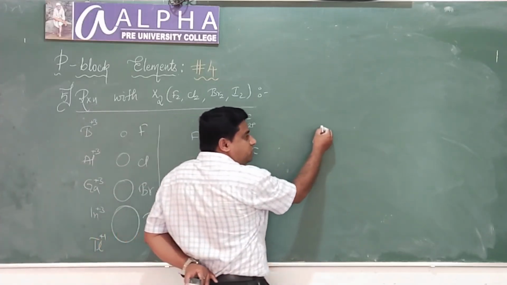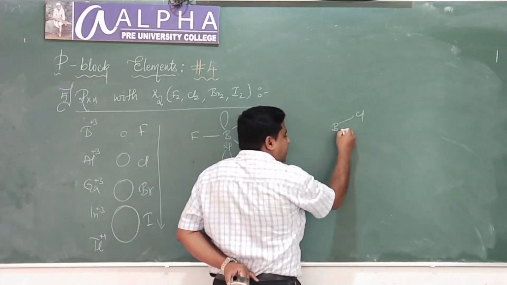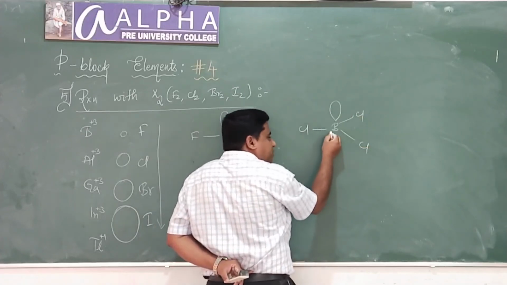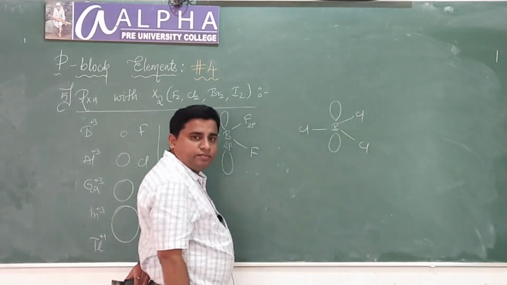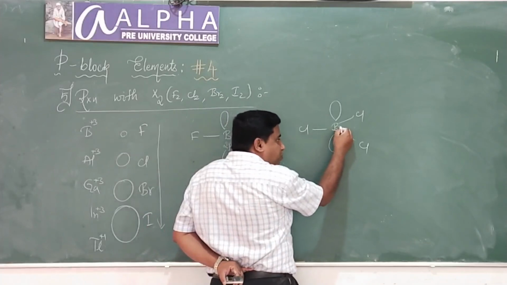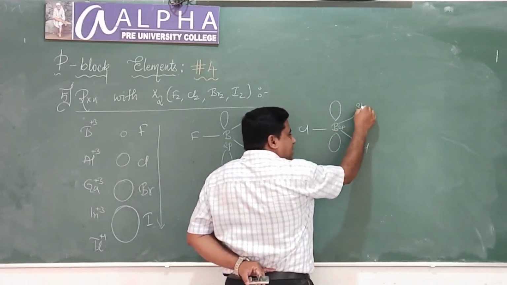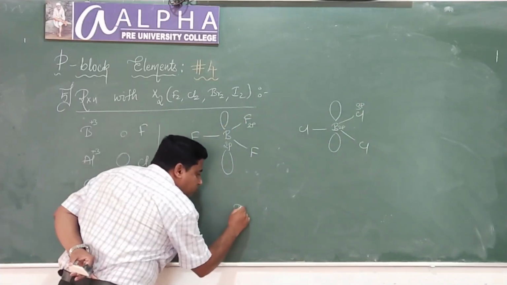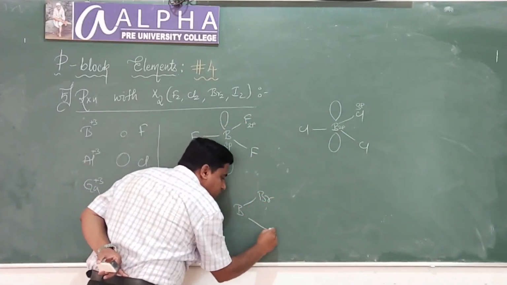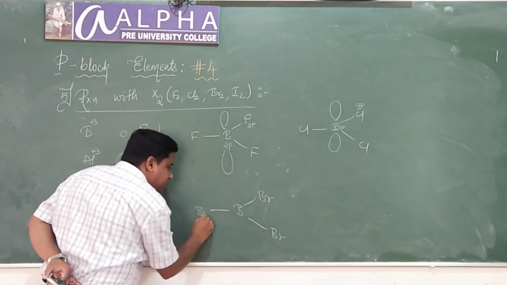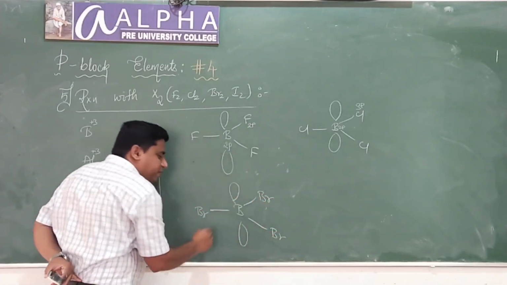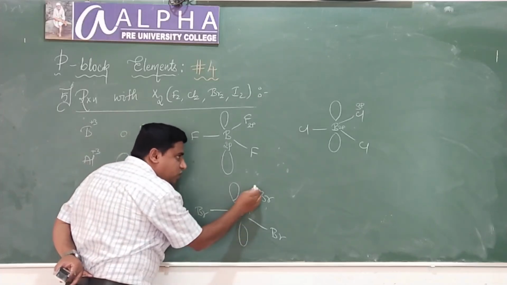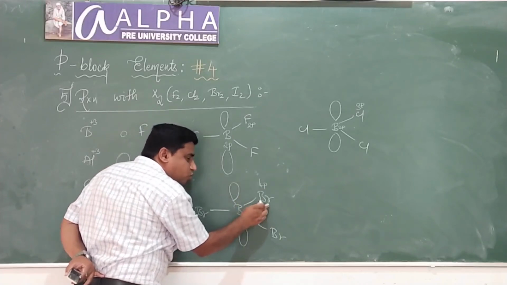Whereas when it forms boron trichloride, again there will be one vacant orbital in boron, and the 2p orbital of boron will overlap with the 3p orbital of chlorine. Got it? Now with boron tribromide, here also there will be one vacant orbital, but the 2p orbital of boron will overlap with the 4p orbital of bromine.